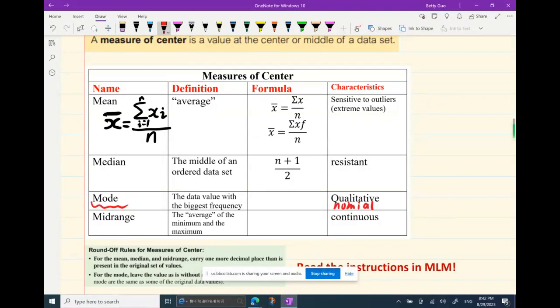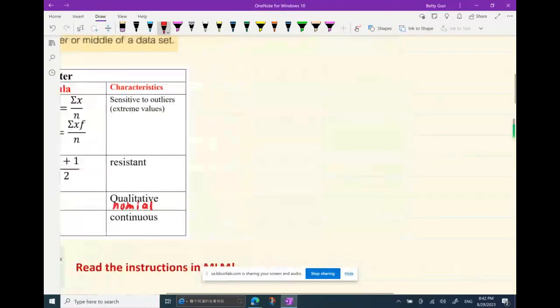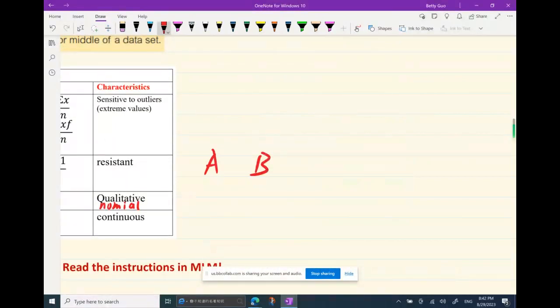The very, very common example about using mode is voting. For example, we have 4 candidates, A, B, C, D. And let's vote. The result shows A has 4 votes, B has 9 votes, C has 3 votes, D has 1 vote.